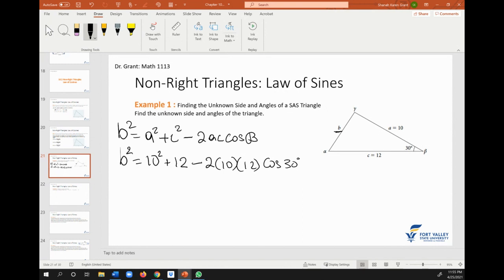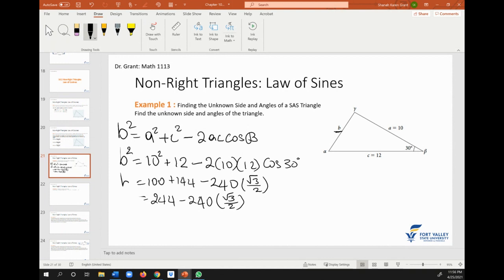If we plug all of this in, this will become 100 plus 144 minus 240. And we should know that cosine of 30 degrees is going to be root 3 divided by 2. So I'm just simplifying at this point. What we really have here is 244 minus 240 times root 3 over 2.